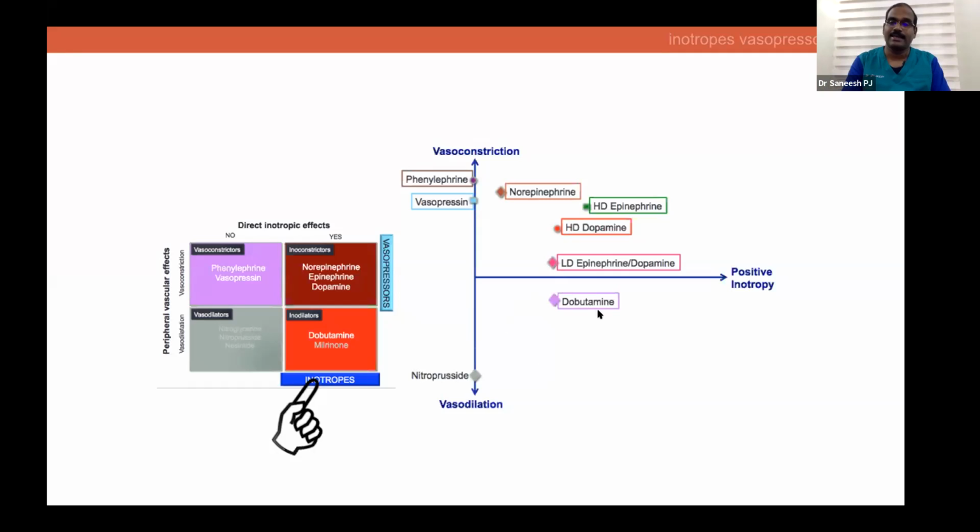That is, vasodilatation is a side effect, but actually it will not add to the resistance against which the heart is going to pump. So it might be a good choice to institute dobutamine. Again, the other choices are in and around. What about dopamine? Dopamine is also a good choice.